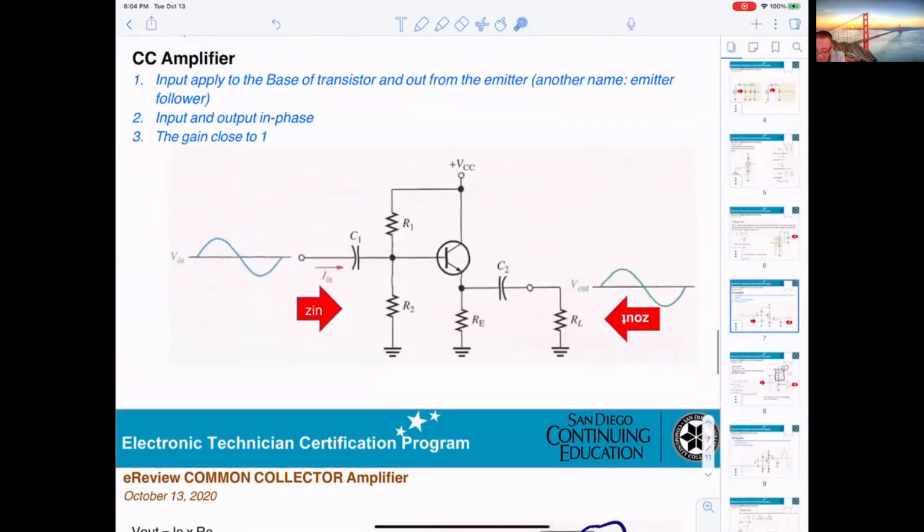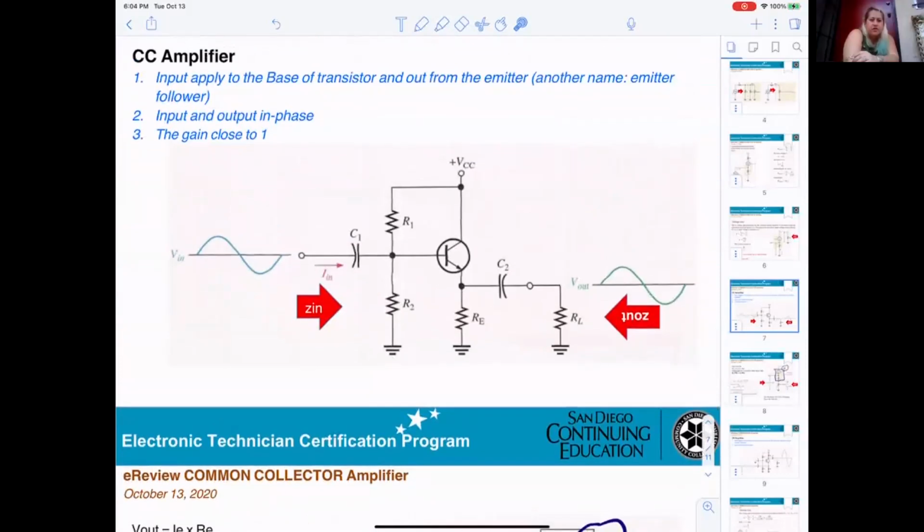If you're looking here, you need to track it. Voltage divider formula on RE and RL? Exactly. That means looking this way, you can see RE and RL in parallel. That's the output impedance.